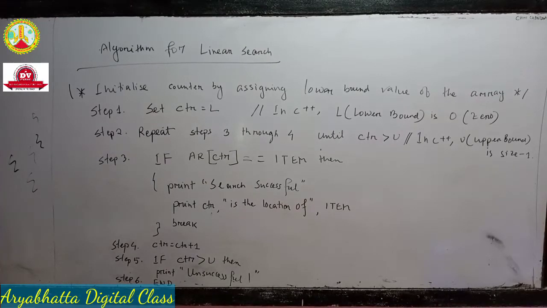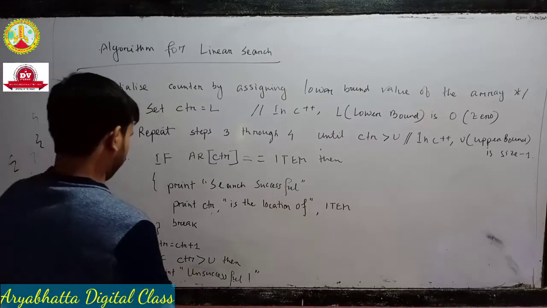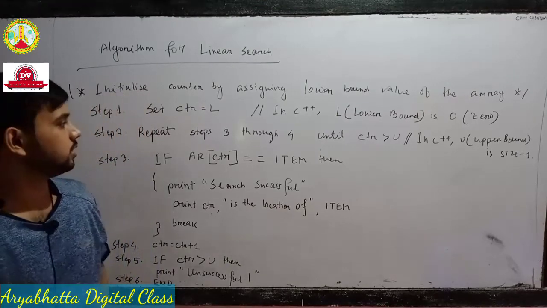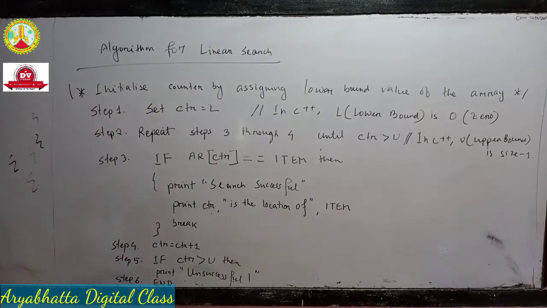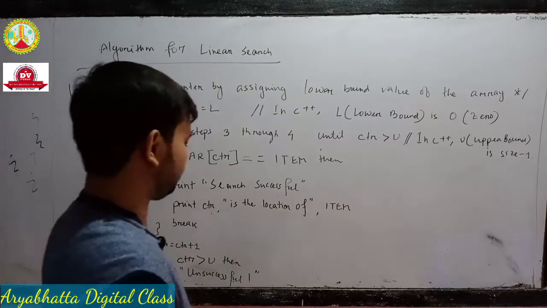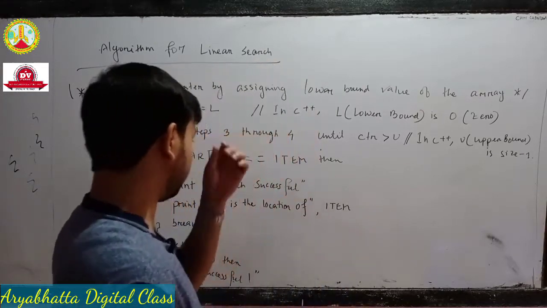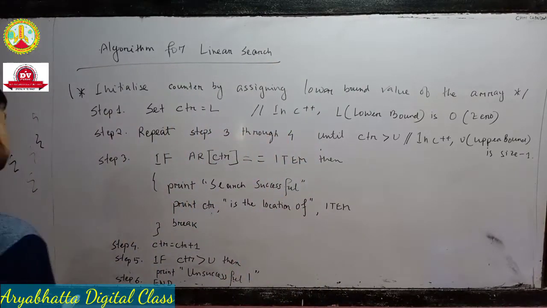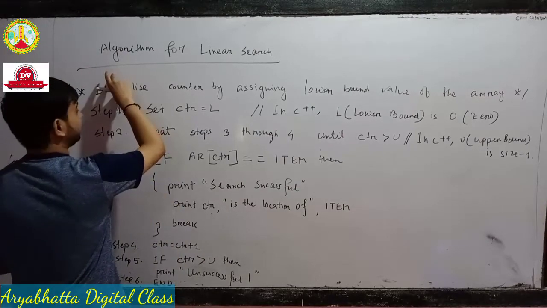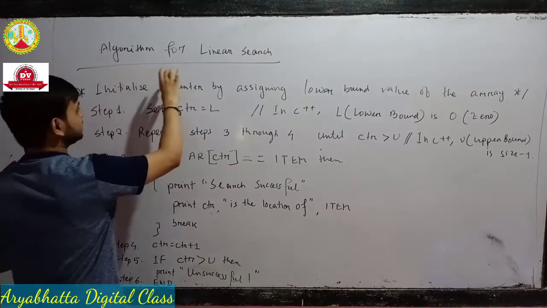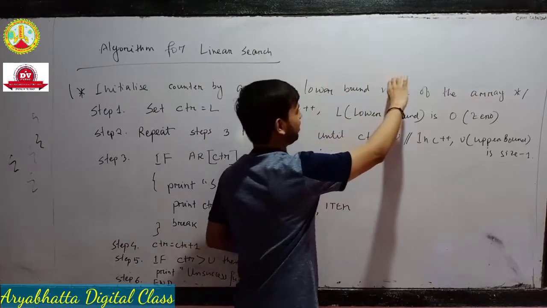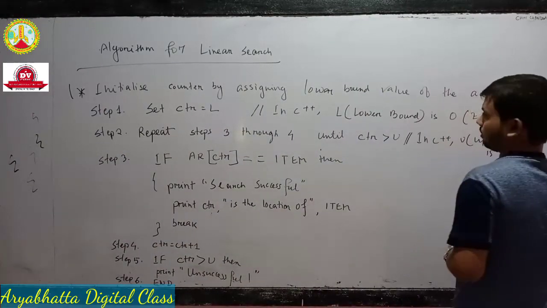You see? Now, don't be confused, okay? Don't hesitate. You just simply understood. Algorithm is logic. First line is for definition. Initialize counter by assigning lower bound value of the array. Okay?